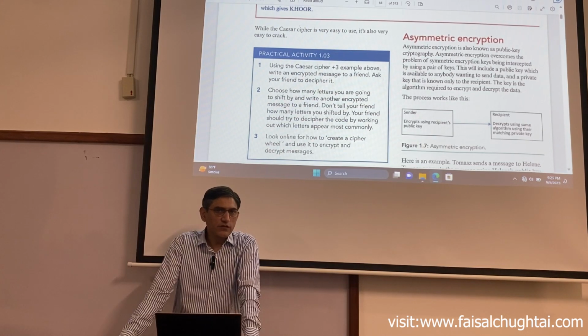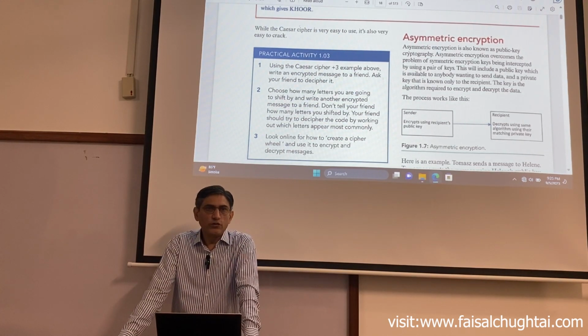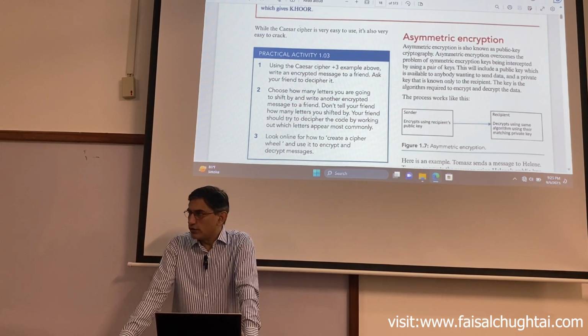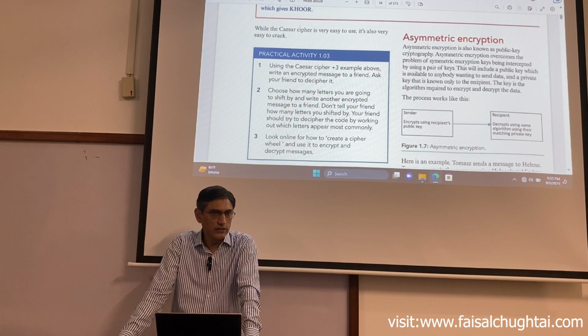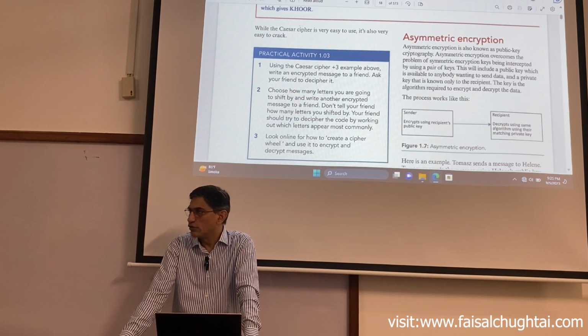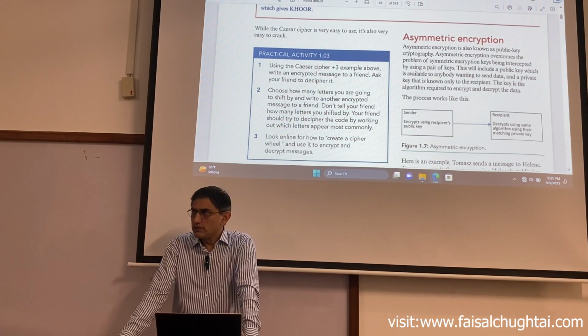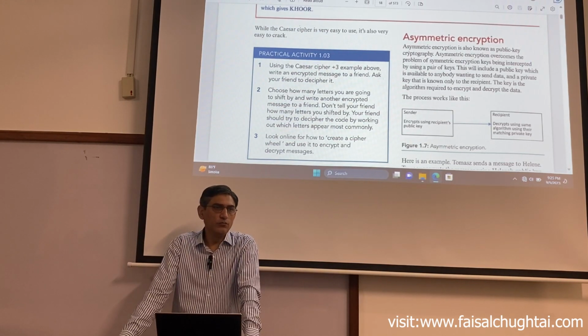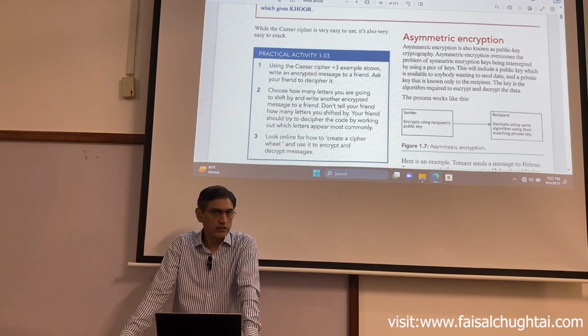And what is the purpose of encryption? To make sure that if your data gets into wrong hands as a result of hacking, or somebody gains access to your data without your permission illegally, if the data is encrypted, the person will not be able to make out what the data is or understand what the data is.